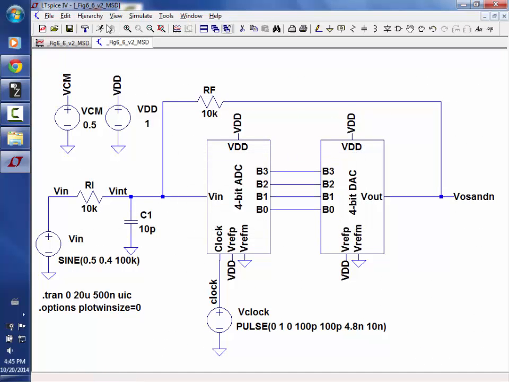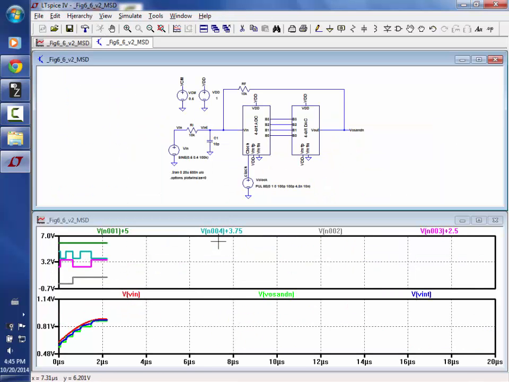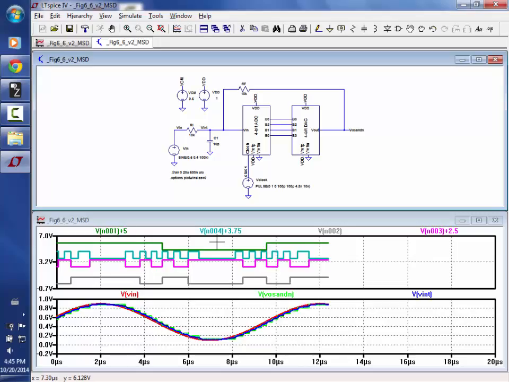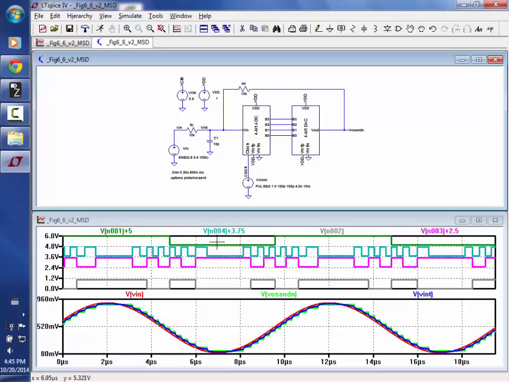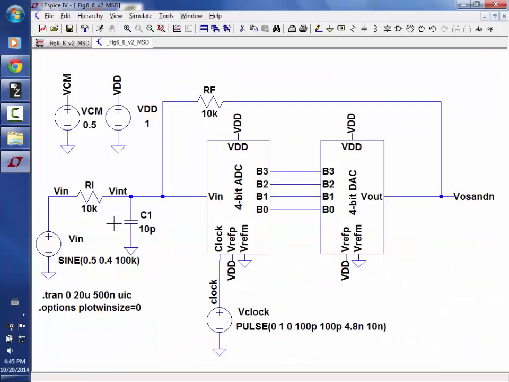Yeah, but this has got to be something stupid. Let me think for a sec here. Okay, I'm not following what's going on here. So sine wave 0.4, 500K, Vint, Vout, bits, Vout sample and hold, 10K.